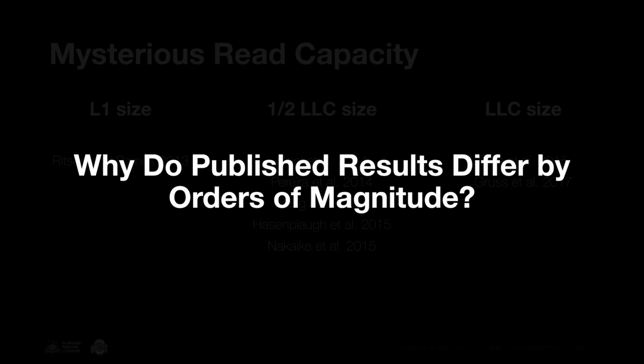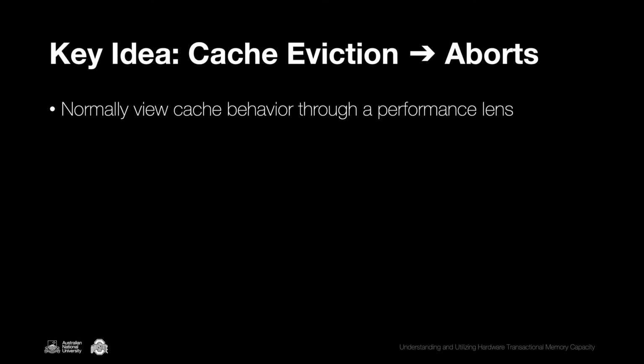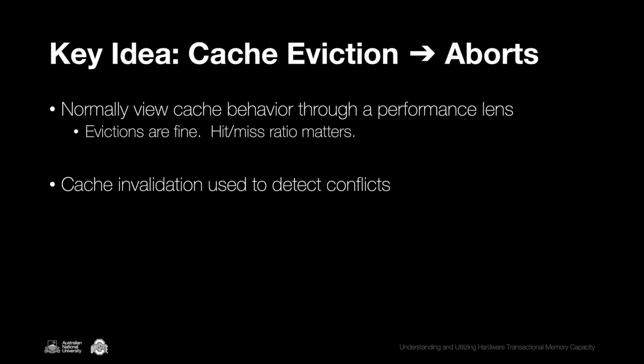Now, with the background information out of the way, I'm going to unravel this mystery. The key idea that will be used throughout the talk is that cache eviction causes aborts of transactions. We normally view cache behavior through a performance lens, where evictions are fine because we care mostly about the hit-miss ratio. However, we need a very different mindset when it comes to HTM.